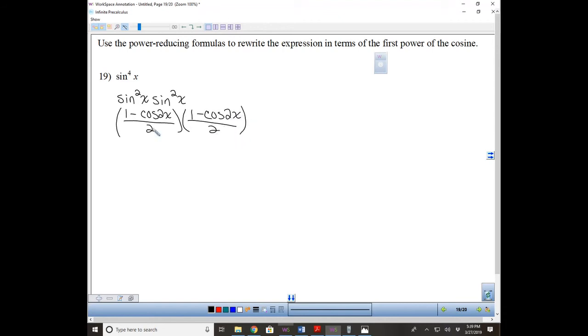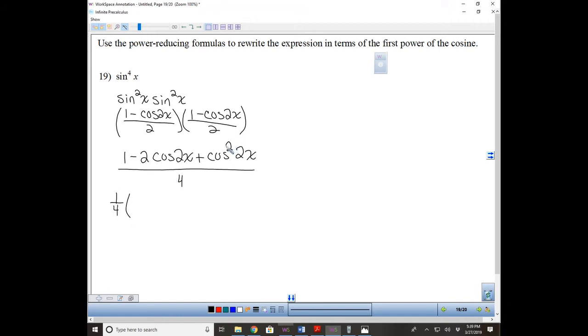If I multiply those together, I get 1, negative cosine 2x and negative cosine 2x gives me negative 2 cosine 2x, and then plus cosine squared 2x over 4. Now I don't want the 4 out there, so I'm going to factor out a 1/4.